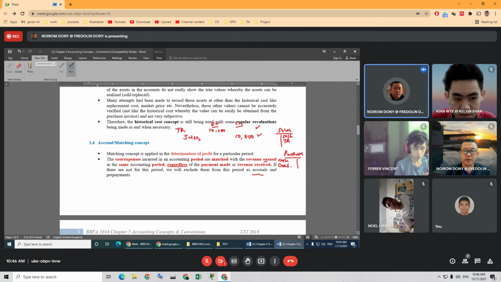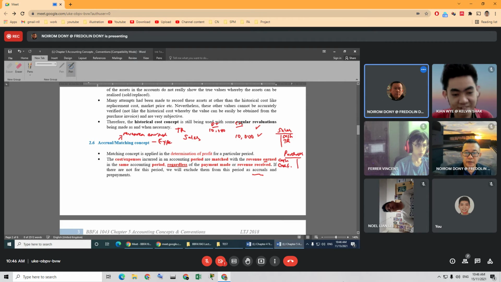So just now we were talking about matching. The matching concept means we match the revenue earned against the costs or expenses incurred in the same period.